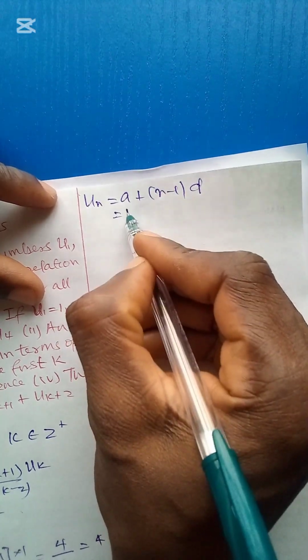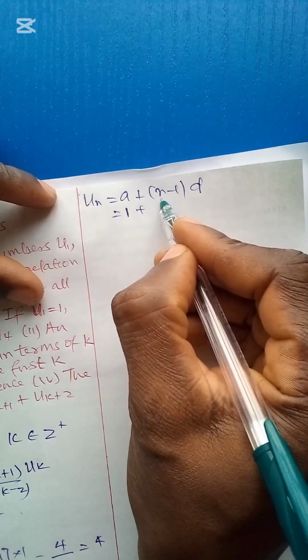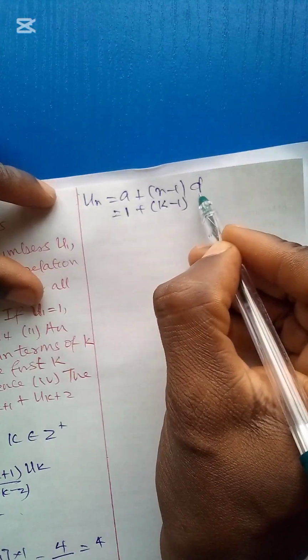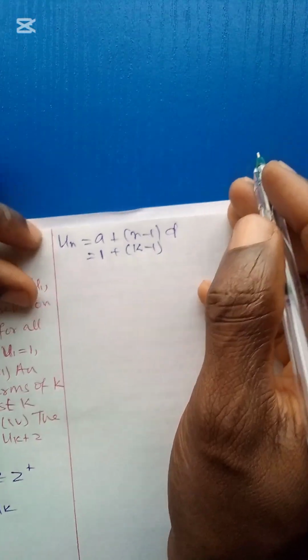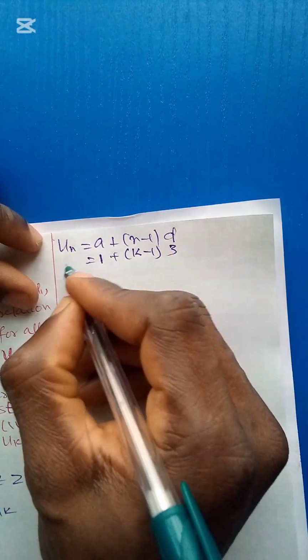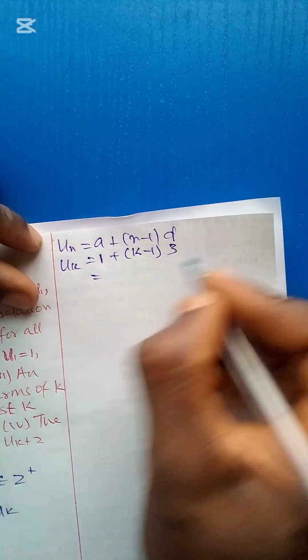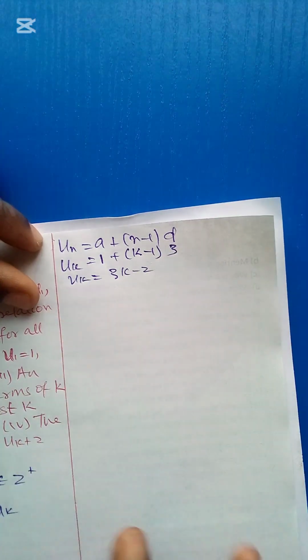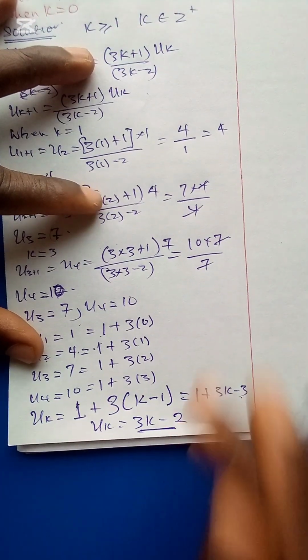The first term here is 1, plus n can now be substituted with k minus 1. d is the common difference. We calculated the common difference to be 3. So this is now Uk. Opening this bracket, we're going to get 3k minus 2 as we did in this case.